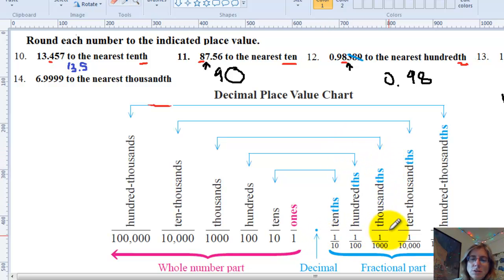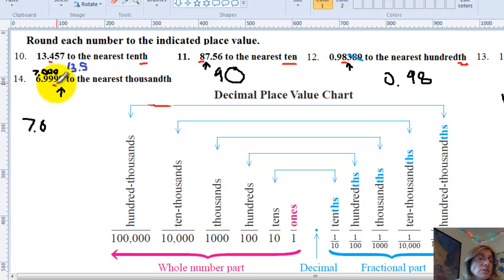1, 2, 3 places after the decimal point: tenths, hundredths, thousandths. This number here, we look to the right of it, and because it is 5 or higher, we have to raise this number. Well, you have to raise it to 10. So that means you put a 0 there, a 0, and we raised it up, so we knocked the 1 over another place, and then another place, and that makes that 7.